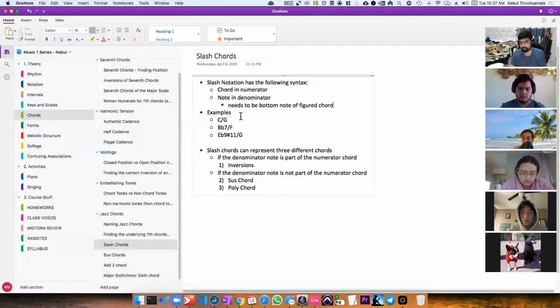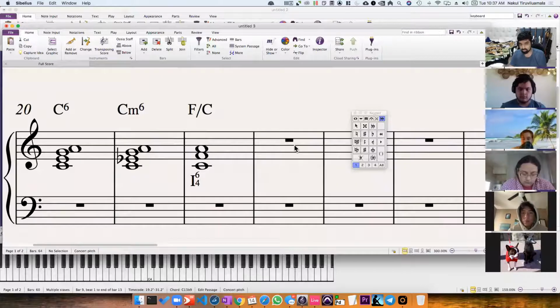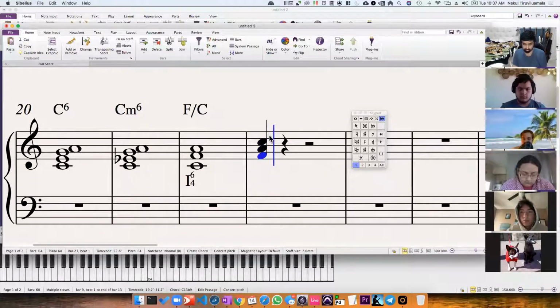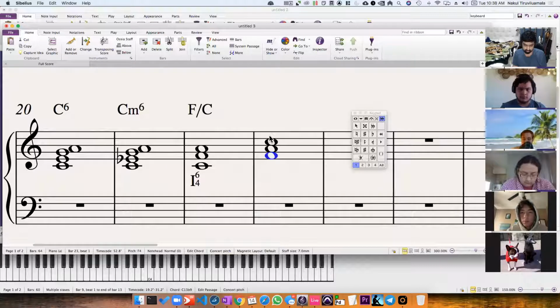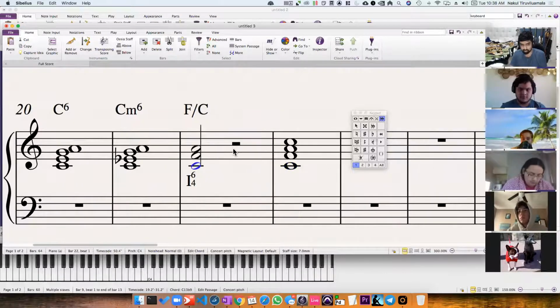Okay. So for example, if you have F over C, what that's saying is you have to have an F major triad where the C is in the bottom. So it could look like this, right? In this particular case, this is an F major chord with a C in the bottom, which you can determine, by Roman numeral or by other means, where you build the closed voicing root position chord, is a second inversion chord.